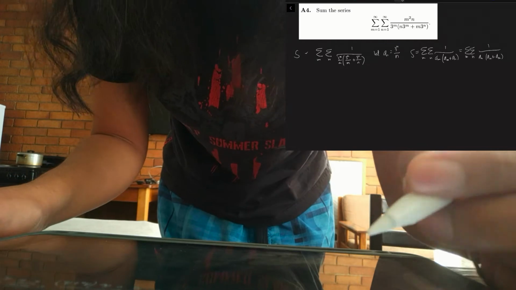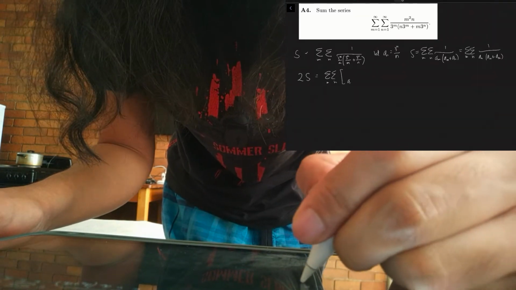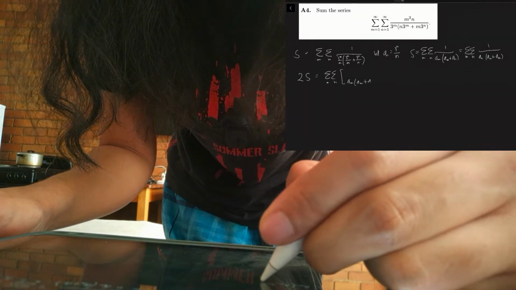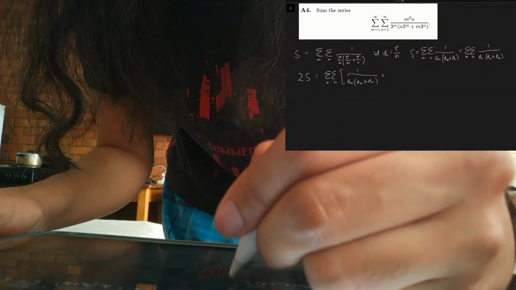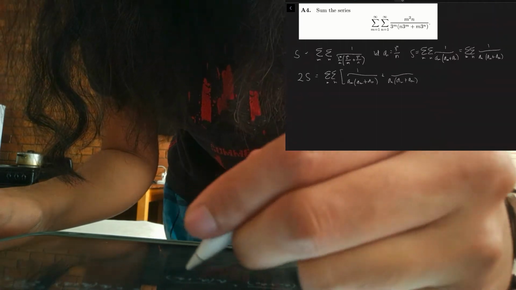I can add these sums together. So I can do 2S equals the summation of 1 over a_m times a_m plus a_n, plus 1 over a_n times a_n plus a_m.